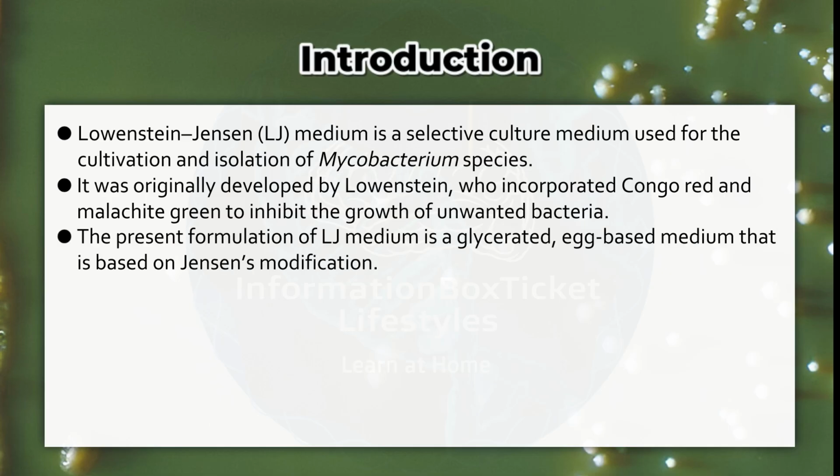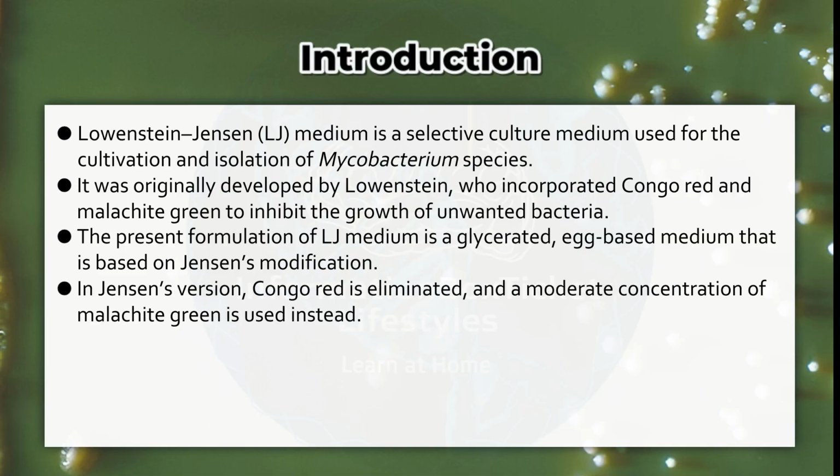The present formulation of L.J. medium is a glycerated, egg-based medium that is based on Jensen's modification. In Jensen's version, Congo red is eliminated, and a moderate concentration of malachite green is used instead.